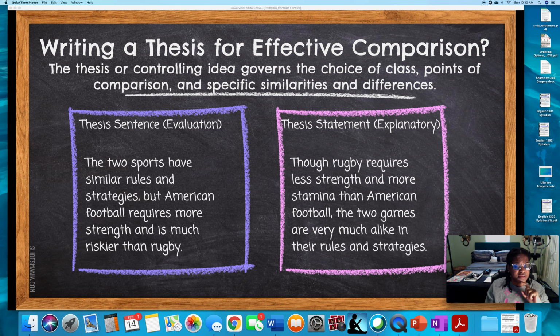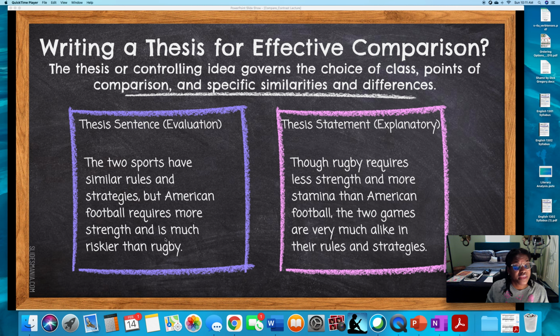So here in this sentence, I am actually offering a perspective. I'm actually offering an idea about weighing the comparisons and differences here. Instead of just stating what they are, I'm giving you a perspective.